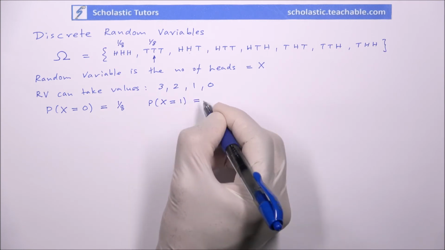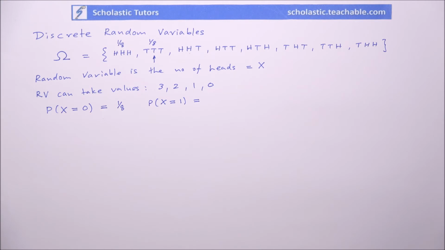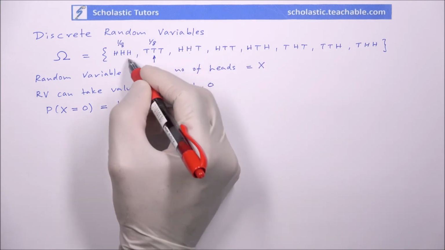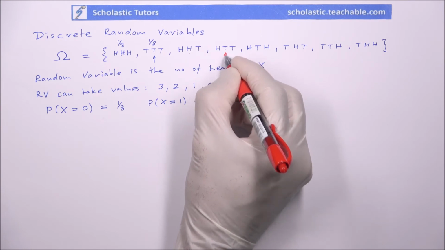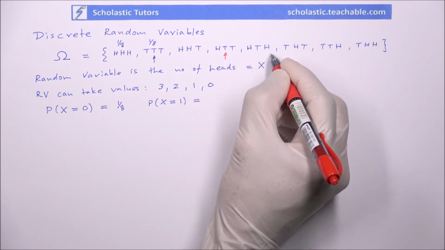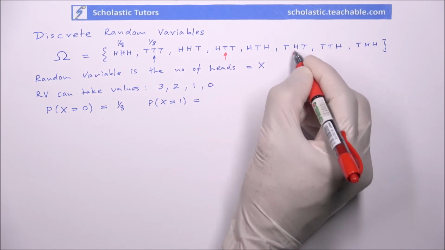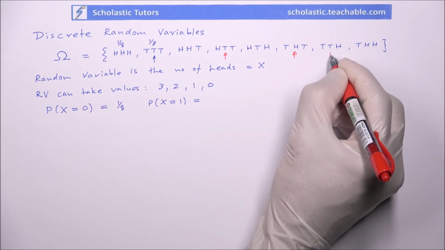Similarly, if you look at the probability of getting random variable x equal to 1, just 1 head, let's see the possibilities in the sample space. X equal to 1: that is one possibility here, and then there's 1 head here, and then 1 head here.